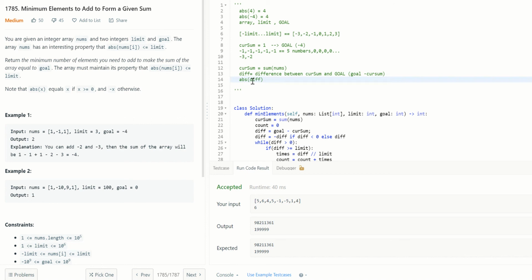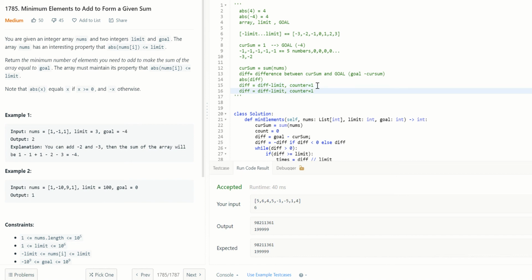And keep track of a counter. So diff will become diff minus limit, and our counter increments to 1.